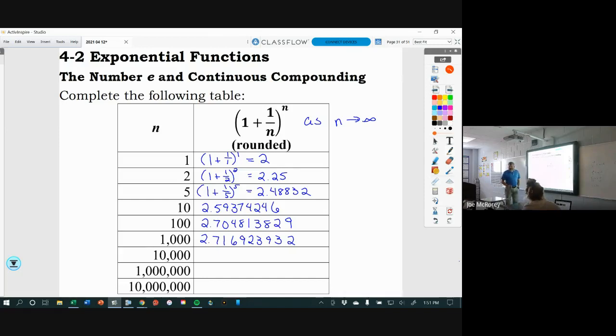Cassie, what'd you get? 2.718280469. That is a fairly close number. 10 million: 2.718281693. It's getting bigger every time.